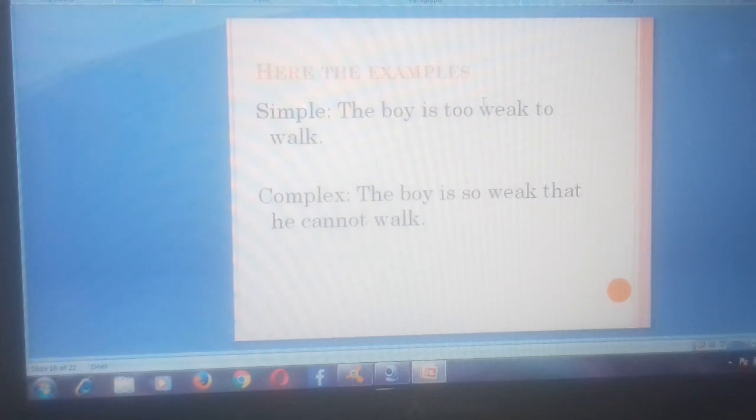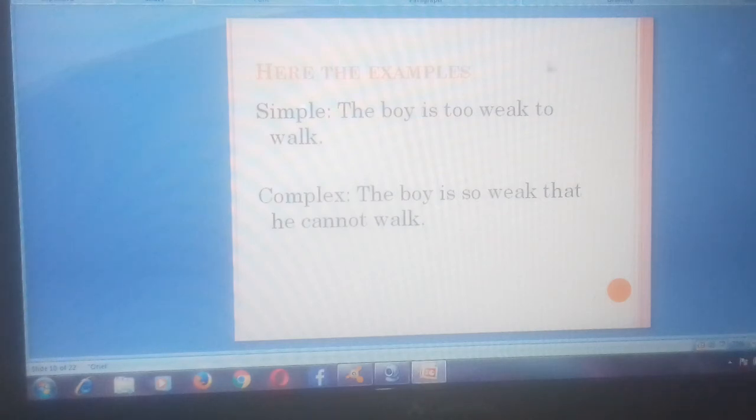Here, too to has been changed into so that. And in the first sentence, we will find only one subject, that is the boy. And in the second sentence, two subjects. One is the boy and another is he.